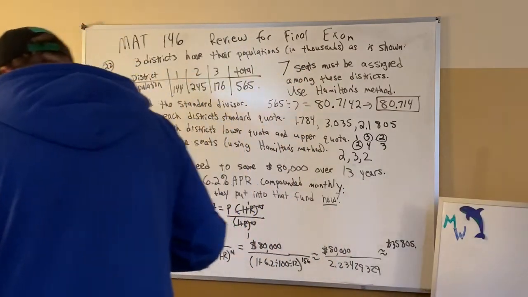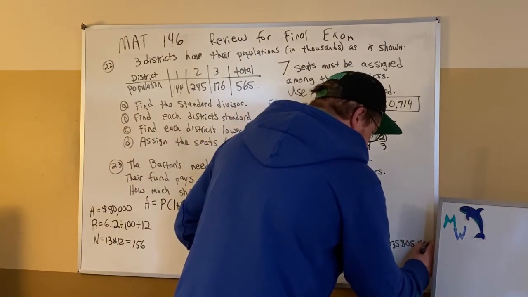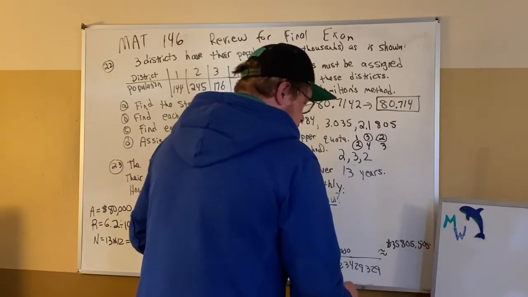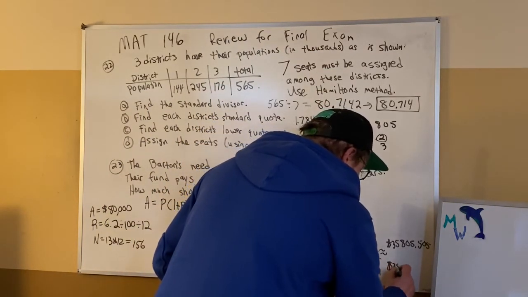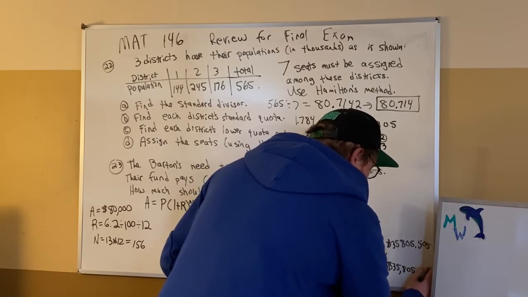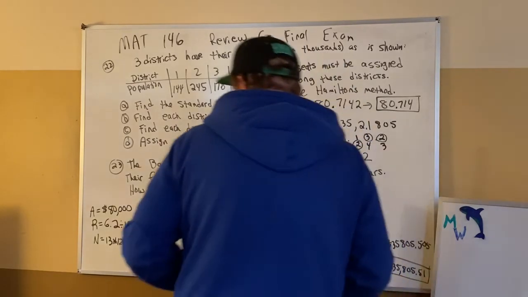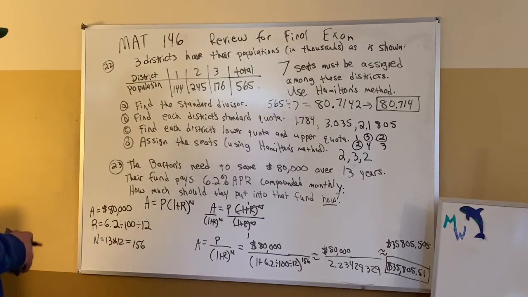Let me get back in the light here. The decimals say 0.505. So I'm going to have that round off to $35,805.51. That's what they put in one time right now, and they'll have 80,000 13 years from now.